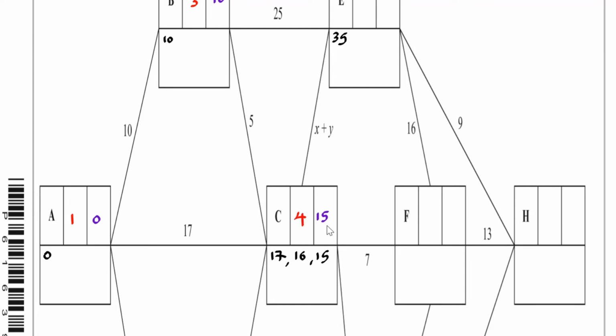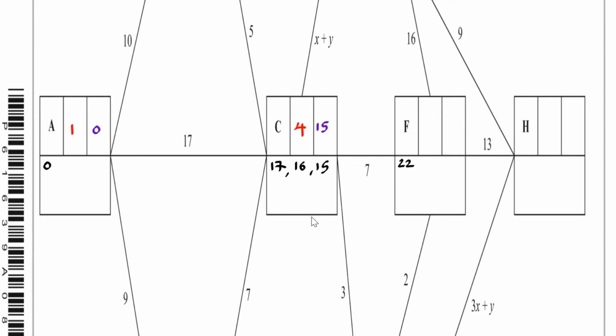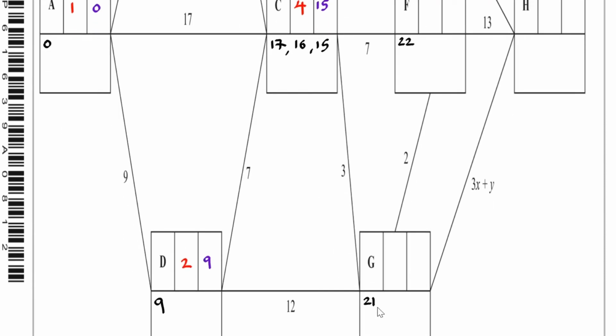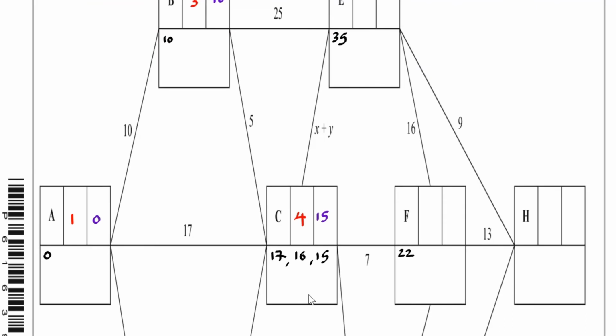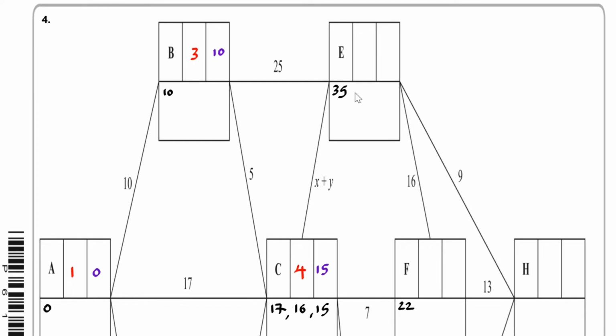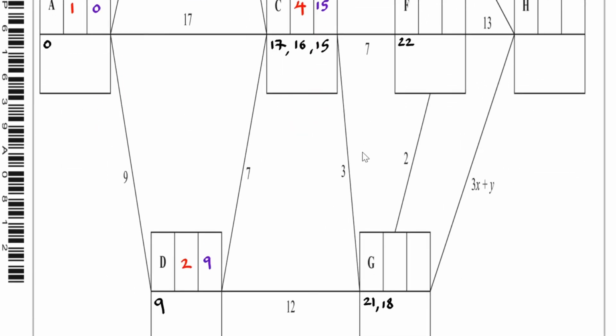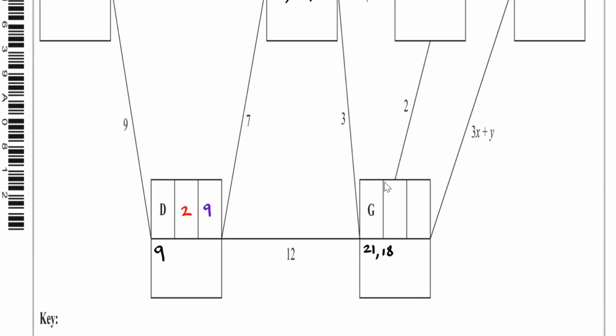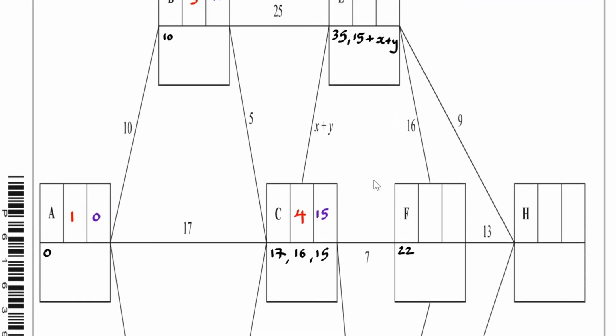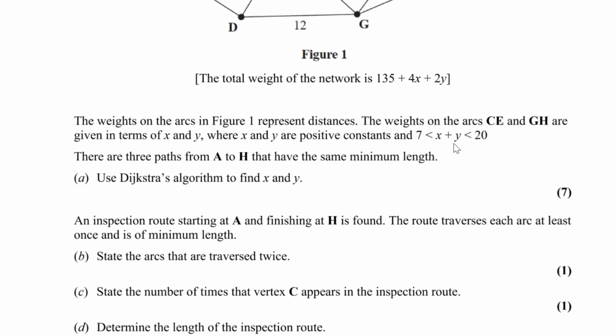Now 15 plus 7, that's 22. 15 plus 3, that's 18. And 15 plus x plus y. Out of all these, the smallest one, well, we know that if you go back to the question, x plus y is in between 7 and 20.